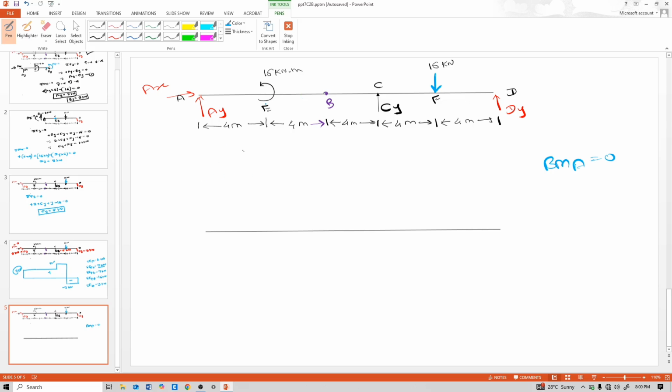At point E there is 16 kilonewton meter anti-clockwise, and before bending moment, see deflection shape. Deflection shape is like this, sagging.